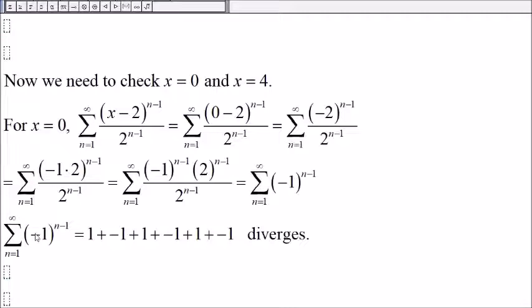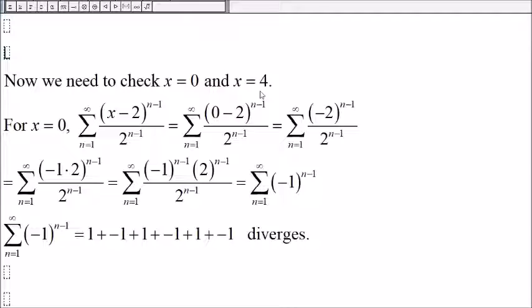So this summation is just going to go 1, -1, 1, -1, 1, -1. If we add the first two terms together, we get 0, then adding the next term, we get 1, at the next term we get 0, at the next term we get 1. So the partial sums alternate between 0 and 1, so it diverges. And so when x is equal to 0, the power series diverges.